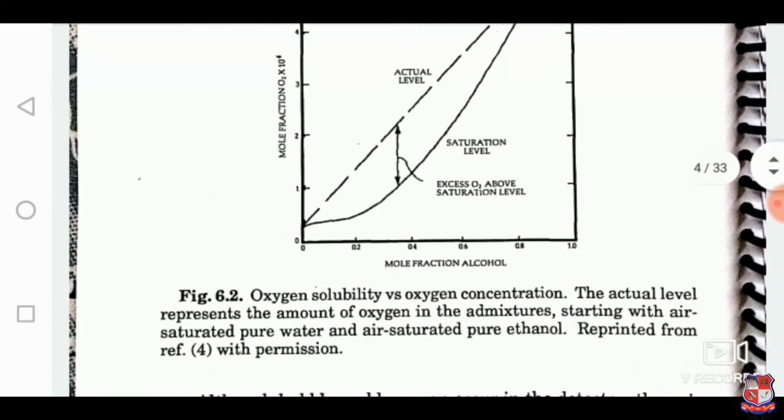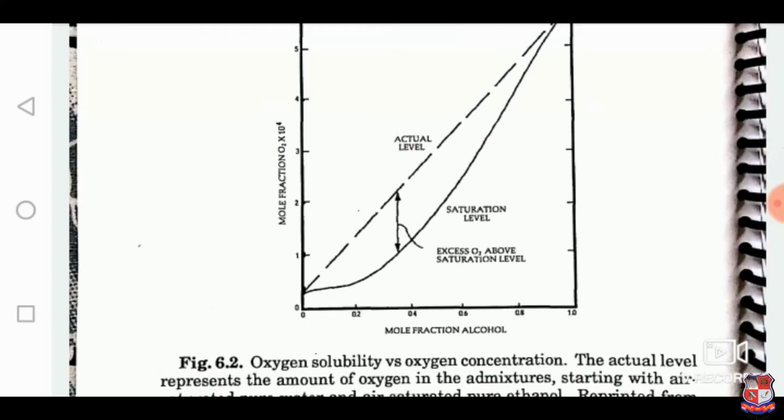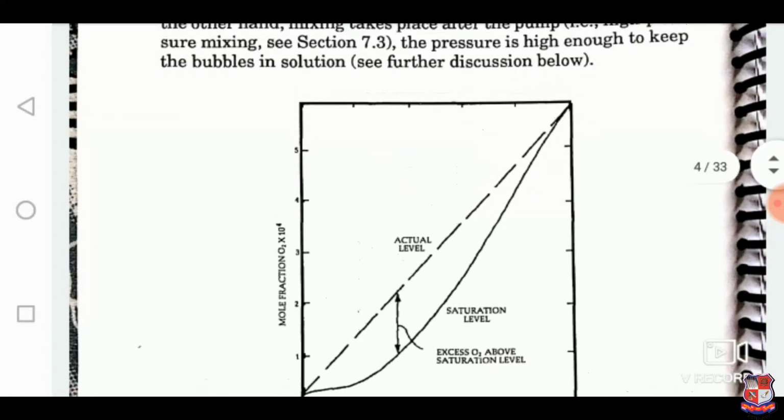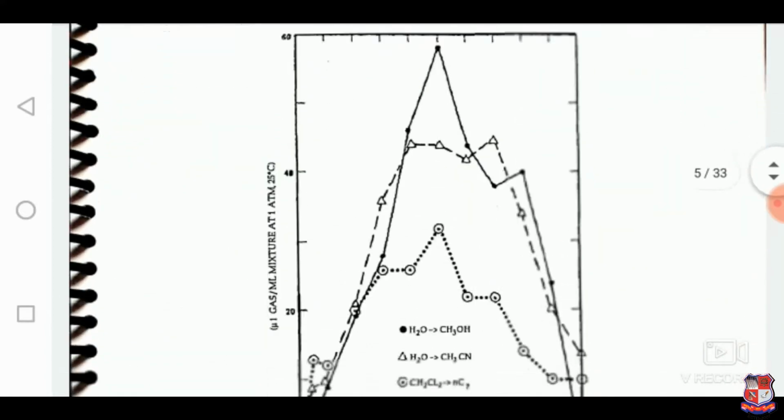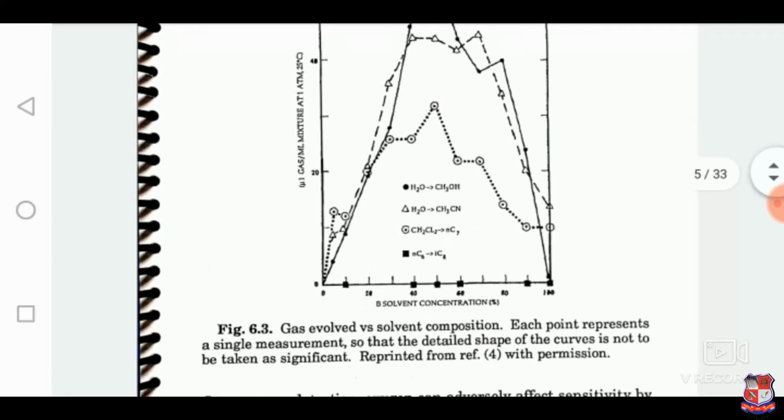The actual level represents the amount of oxygen in admixtures, starting with air-saturated pure water and air-saturated pure ethanol. On one axis is the O2 concentration, and on the other axis is the mole fraction of alcohol. Here is another graph representing the gas evolved versus the solvent composition. Each point represents a single measurement, so the detailed shape of the curves is not to be taken as significant.